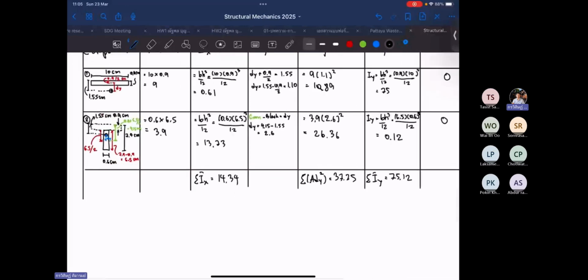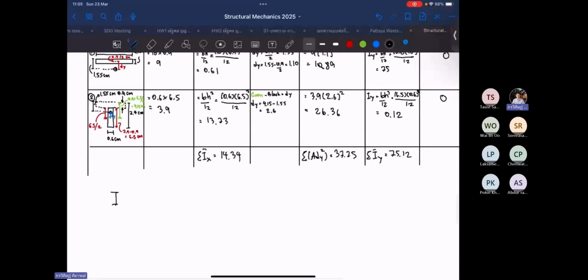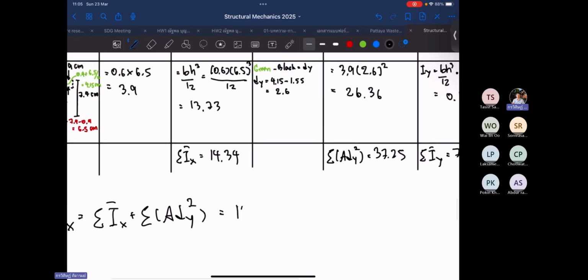Then we can summarize. Ix is equal to sigma I x bar plus sigma A dy squared. So sigma I x bar is 14.34, plus A dy squared 37.25. 14.34 plus 37.25 is 51.59.